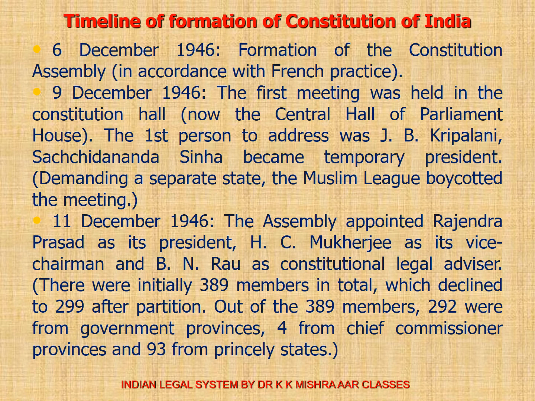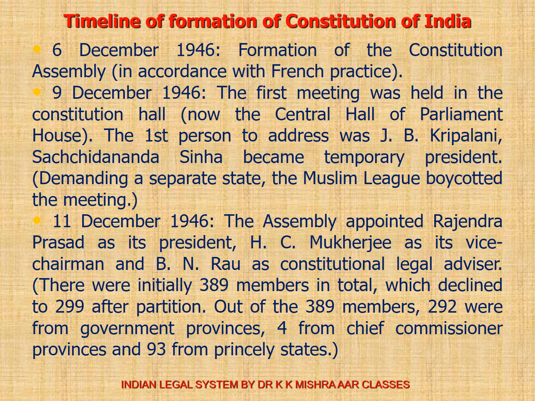Now, here I would be focusing on certain facts and figures of the formation of the Constitution of India. Timeline of formation of the Constitution of India. 6 December 1946. This is very important from a competitive examinations viewpoint.